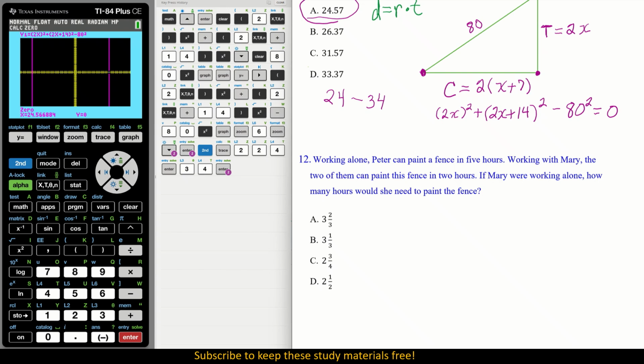Okay, remember, I like to think of this as one job done over the number of hours. So this implies that Peter, his one job, he can do it in 5 hours.